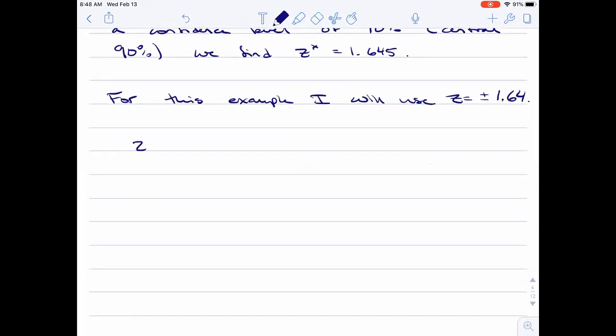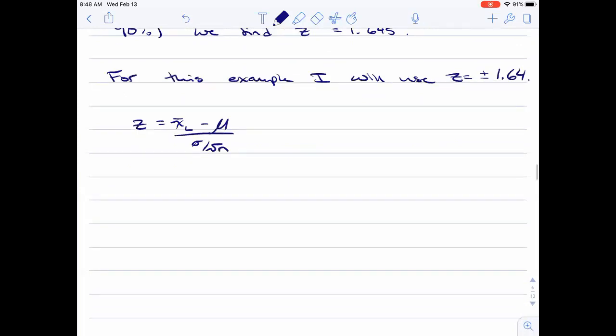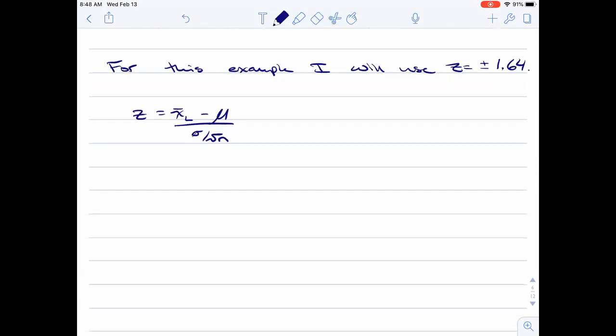So we've got Z as X bar lower minus mu over sigma over root n. I'll start with the lower. So the Z for the lower, negative 1.64, is X bar lower minus 12 over 4 over the square root of 10.